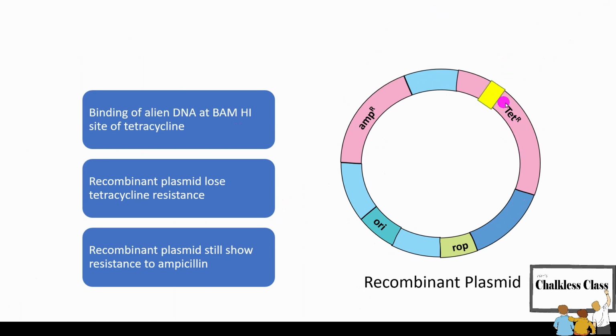But this recombinant plasmid still shows resistance to ampicillin. Thus, we can produce recombinant plasmids. When the gene of interest is inserted into the plasmid sequence, it is termed a recombinant plasmid or rDNA plasmid, or chimeric DNA also we can call.